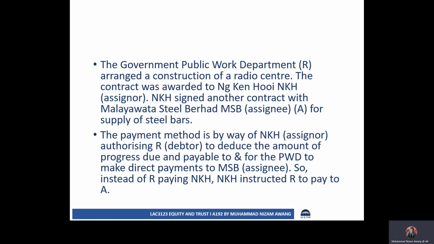What does that mean? Meaning that NKH authorized the government to pay direct to the assignee instead of paying NKH. The debtor needs to pay to the assignee. So there was an assignment already, right?